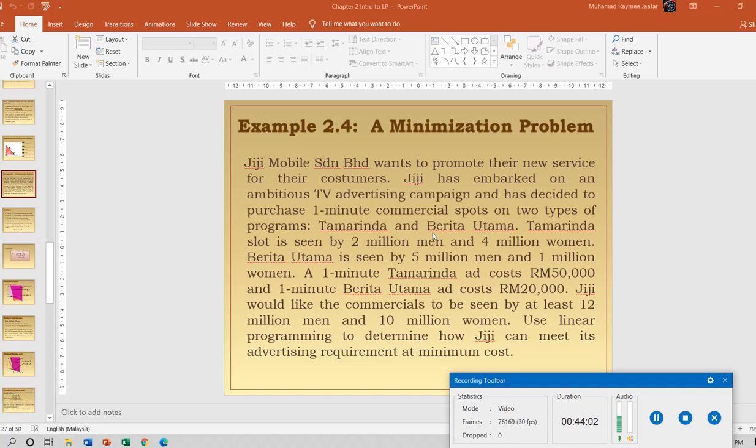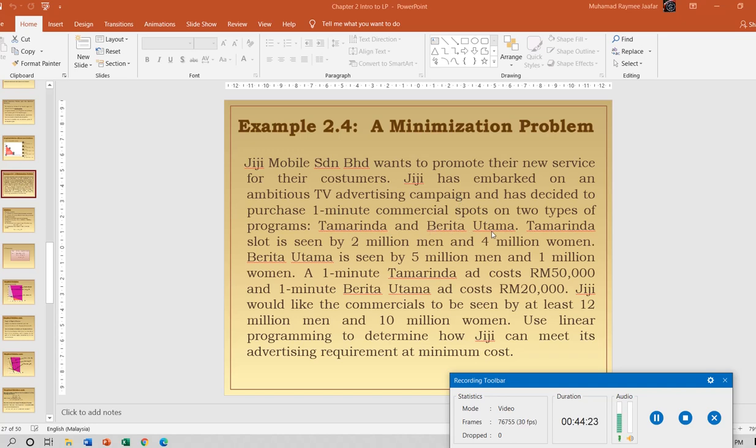So as Kailing said, X1 will be the number of 1 minute commercial spot purchased during Tamarinda slot. And X2 is the number of 1 minute commercial spot purchased during berita utama.